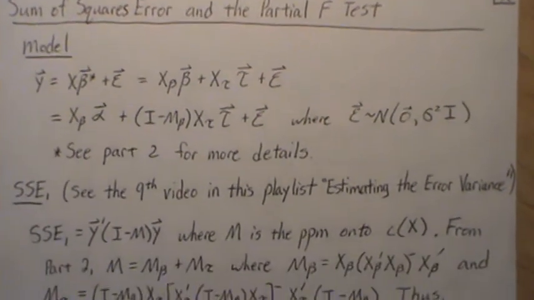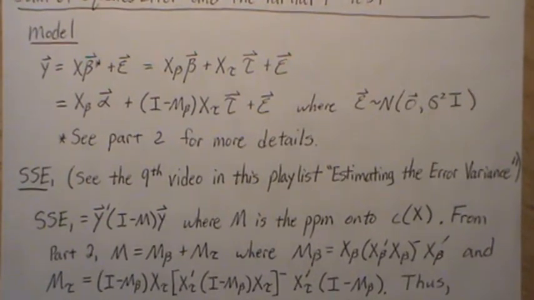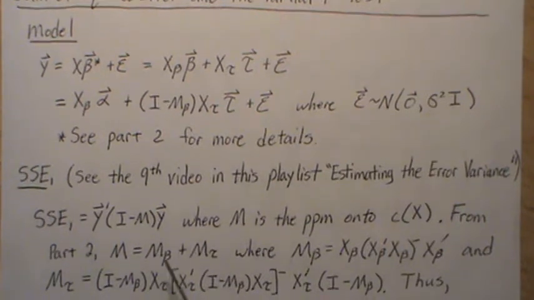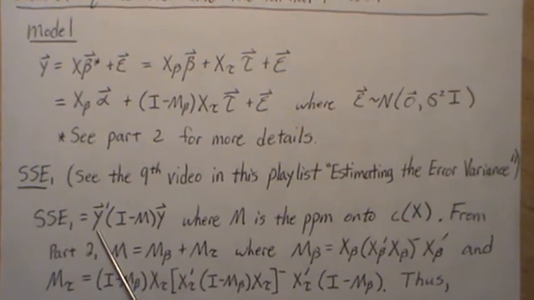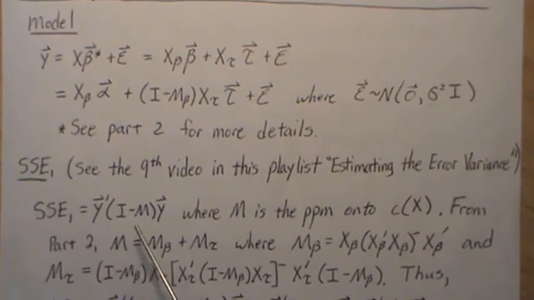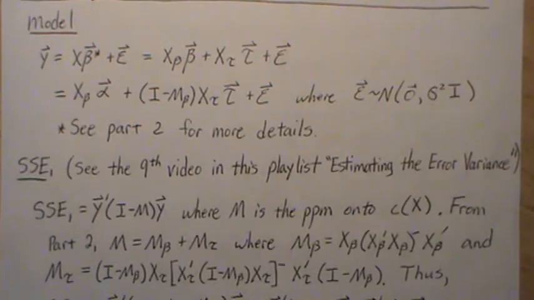Now, in the 9th video in this playlist, which I called Estimating the Error Variance, we looked at the sum of squares error in a lot of detail. And it's essentially this: the sum of squared error is this quadratic form, y transpose I minus m y, where m is the perpendicular projection matrix onto the column space of x.